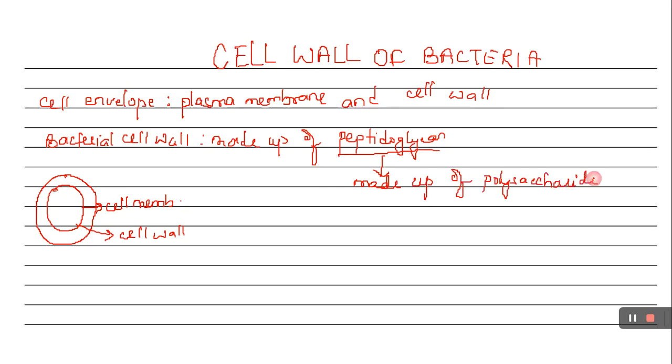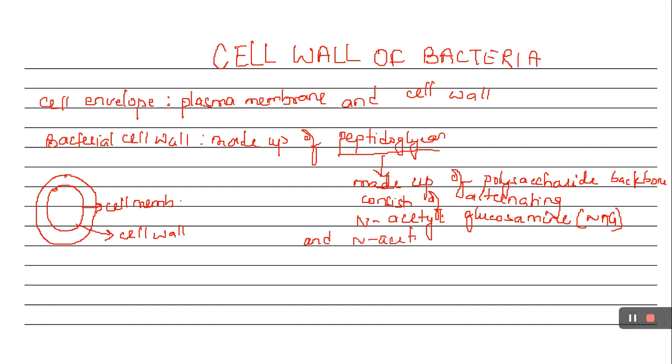This backbone consists of alternating N-acetyl glucosamine, which is called NAG, and N-acetyl muramic acid, which is called NAM.